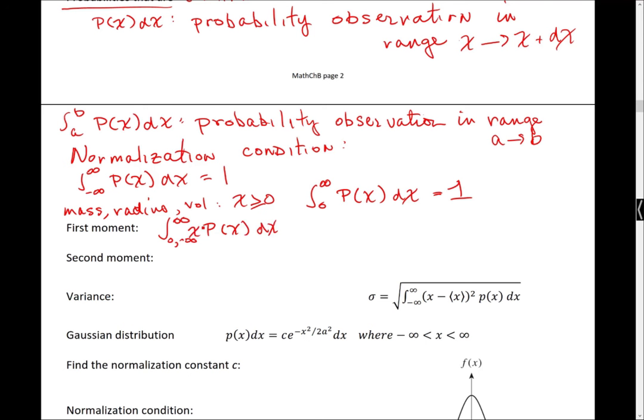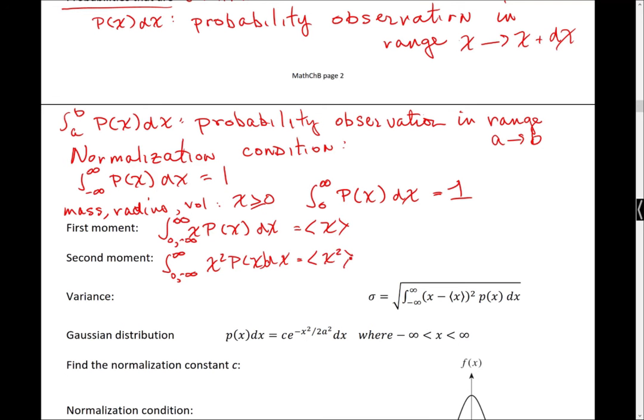Okay? And that will give me my average value. Make sense? And then my second moment will be integrated from 0 or minus infinity, depending on what our observations are, p of x dx. And what do I need to multiply the probability by in this case? x squared. And that will give me my second moment.